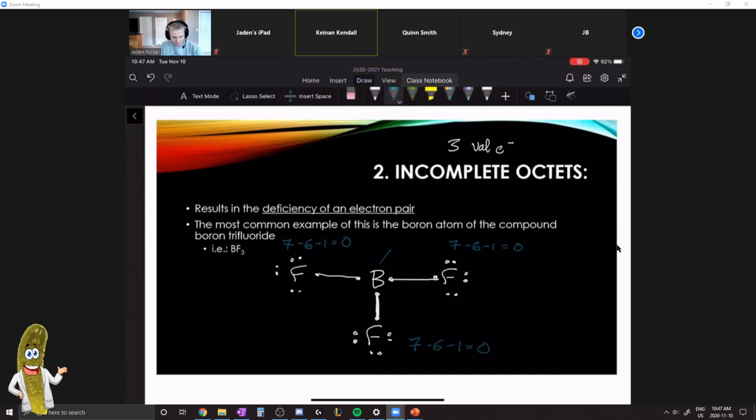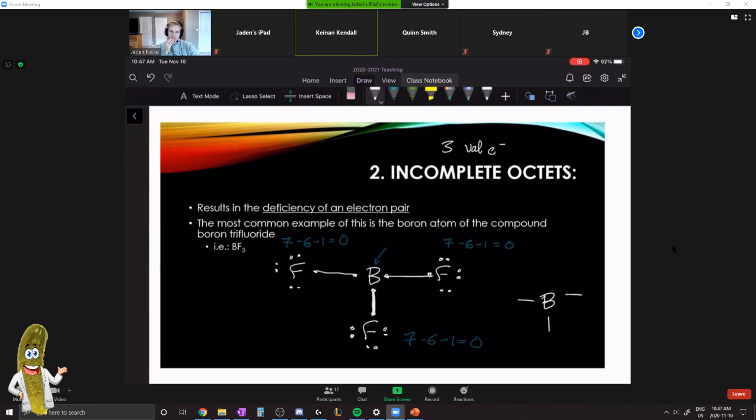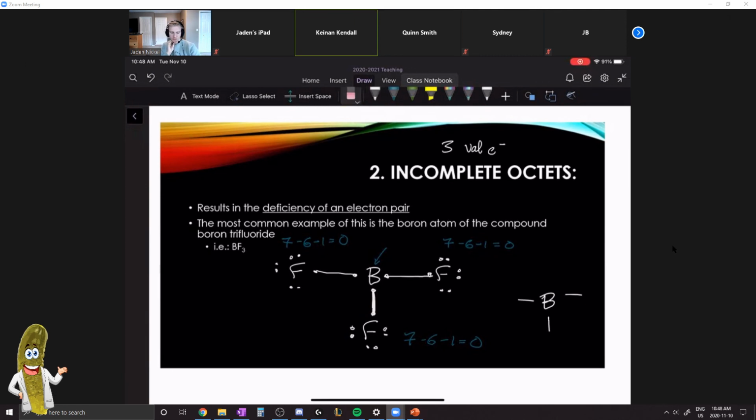Boron only has 6. So when I say surrounded by, you would look at boron and say, okay, this is what boron looks like. It's got 3 bonds around it, in other words, it has 6 electrons around it. You look individually at each atom.